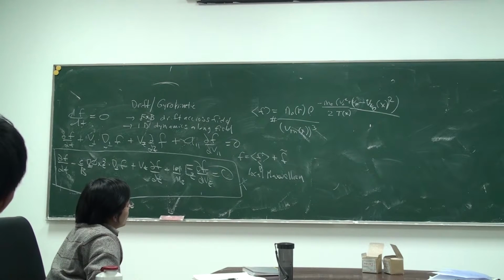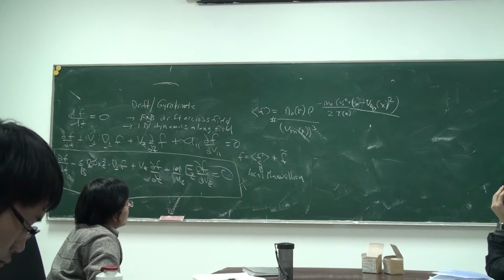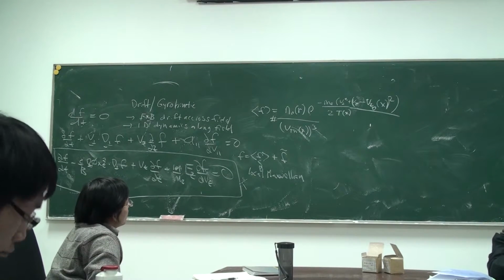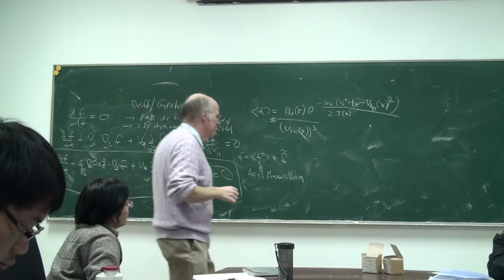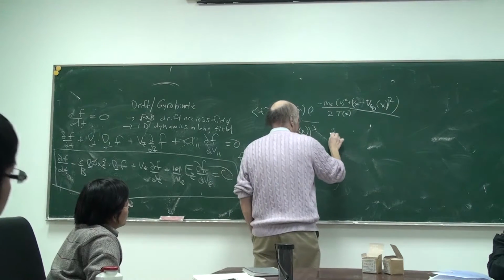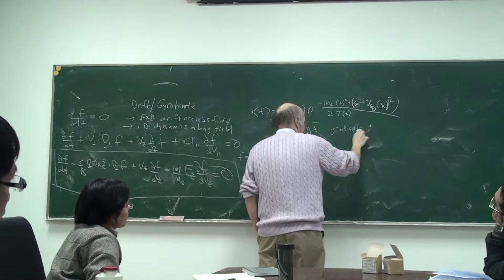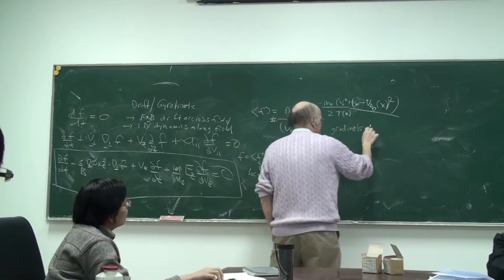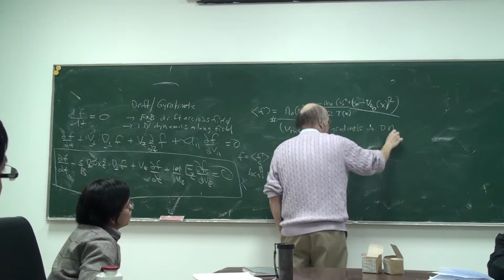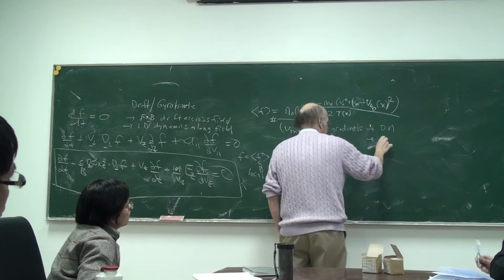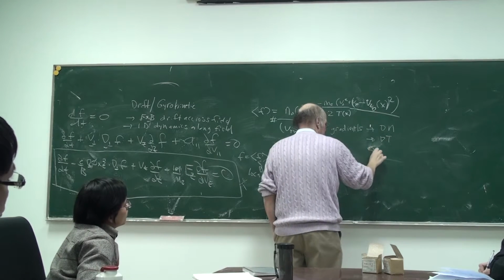We assume ergodic, so in other words the two are equivalent. It's basically the unperturbed distribution function. So the point, gentlemen, is the gradients, because the gradients are the thing where the energy is. The gradients are the gradient in density, and in principle, the gradient in temperature.